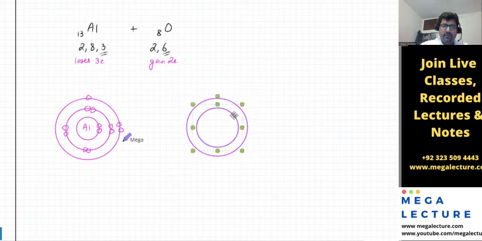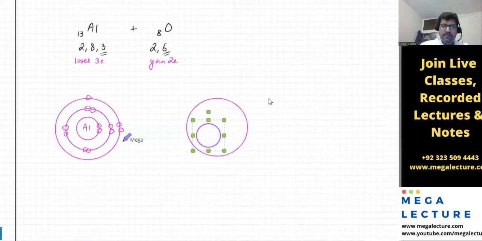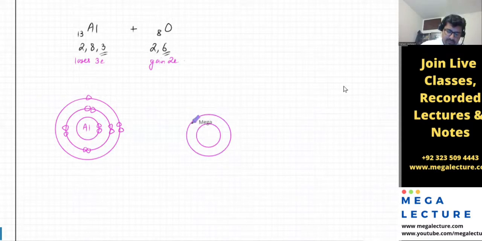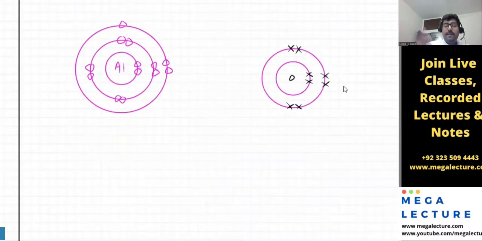That's the first shell, 2, and 6 in the second shell. So 2 electrons and 6 electrons.